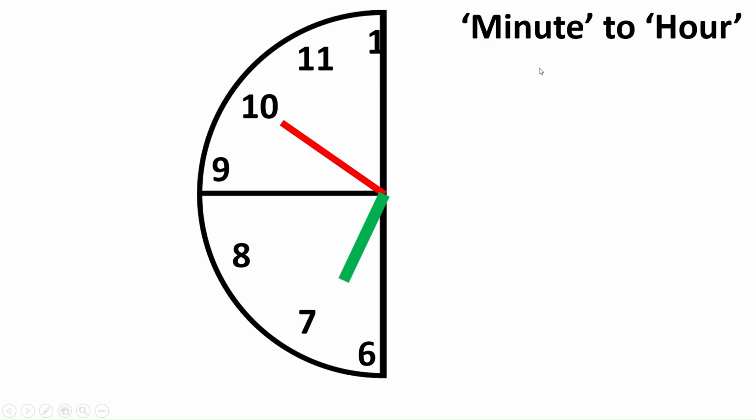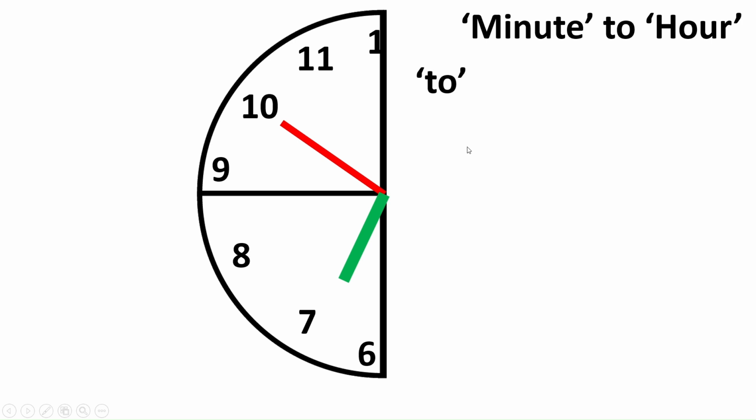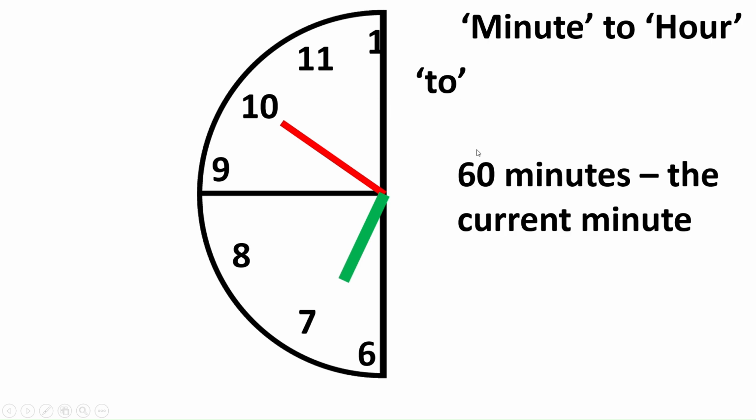With this half of the clock, we're going to be following the minute rule a bit differently. Normally, the minute rule is that we take the number on the minute hand and always multiply by 5. But since on this half of the clock, we want to find how many minutes are left until the next hour, we want to do 60 minutes take away the current minute, which the minute hand sits on.